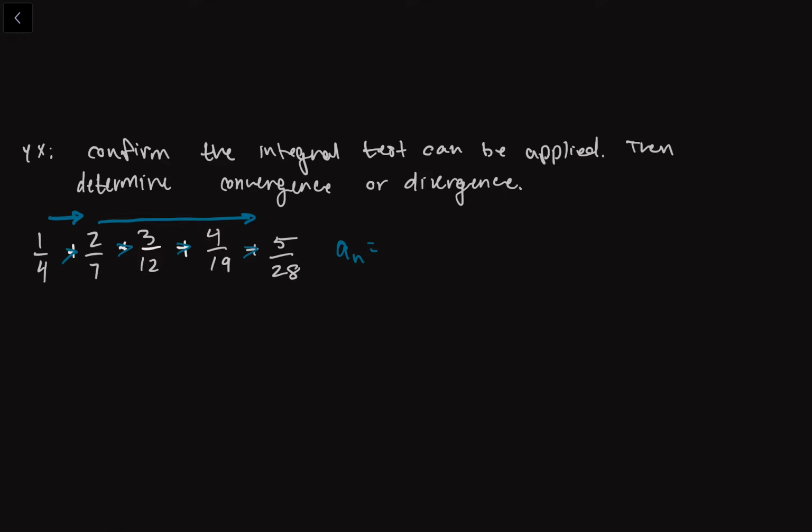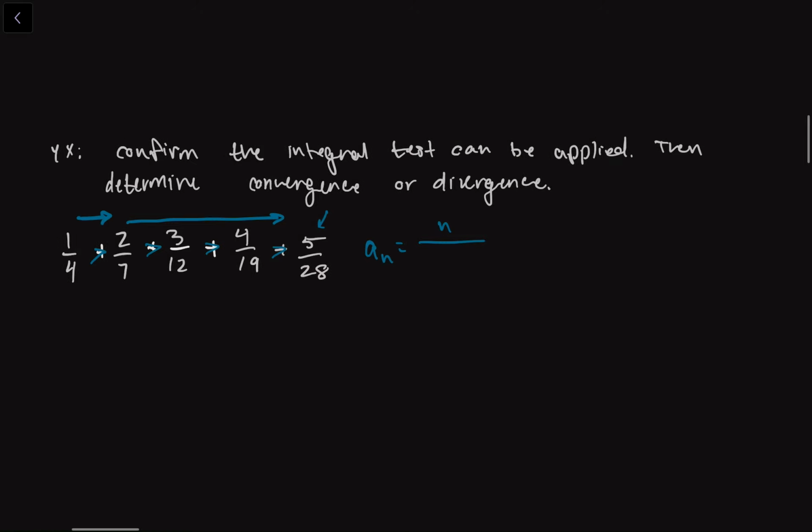We can see that the top of these fractions are growing with n. When n equals 1, it's 1. When n equals 5, the top is 5. That's easy. What about the bottom? We have to find the pattern. You can see that if you subtract 3 from all of these denominators, we're left with this. So we have a 1 plus 3, a 4 plus 3, a 9 plus 3, a 16 plus 3, and finally a 25 plus 3.